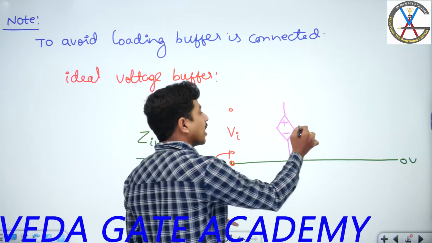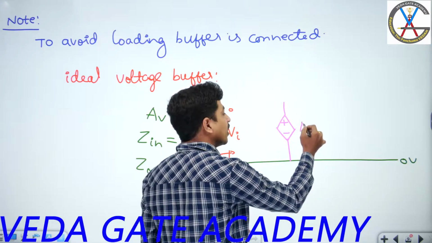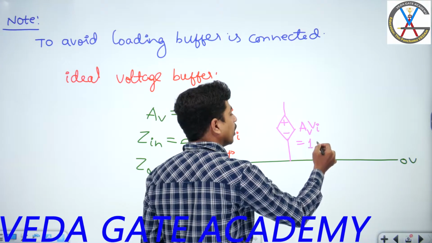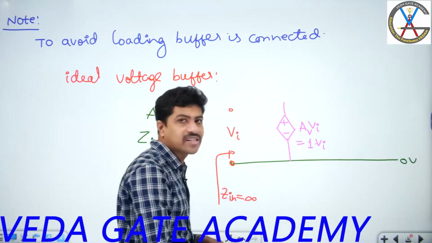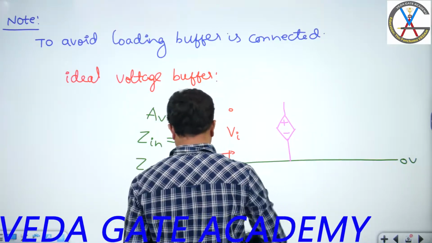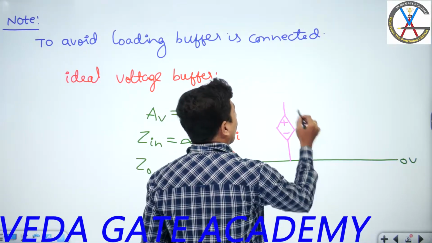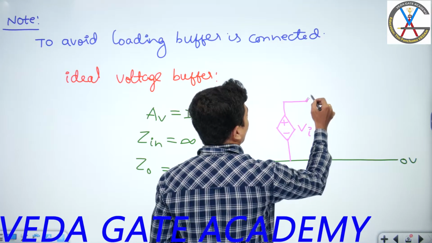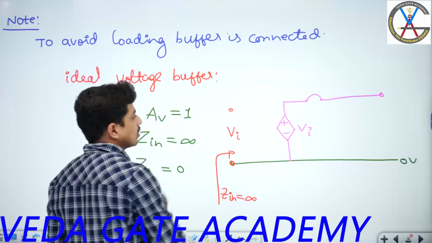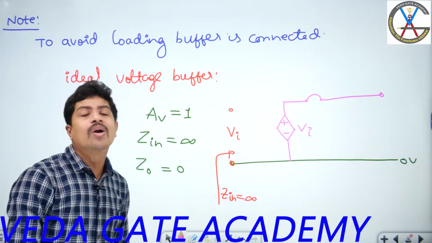Here this is VI, here I am going to get A V into VI. How much is A? AV is 1, into VI. What I got? VI as it is. So I am representing this as VI. How much is the output impedance? 0. So the output side I am representing with a short circuit. So this is the representation of the ideal voltage buffer.